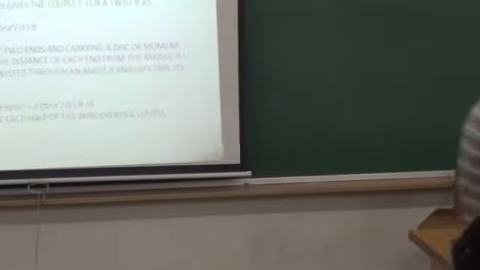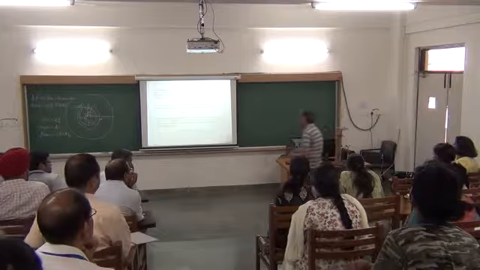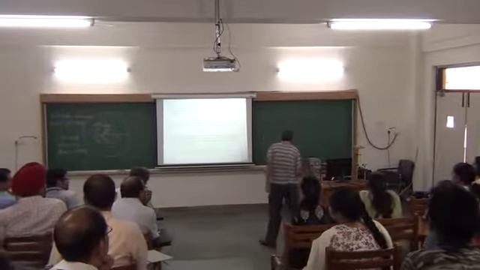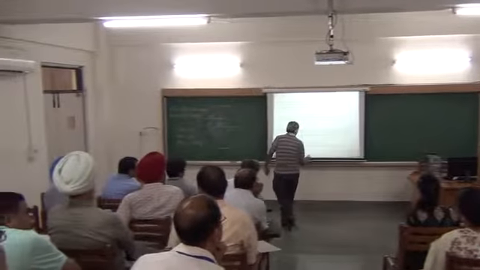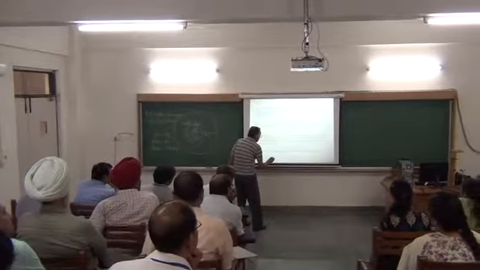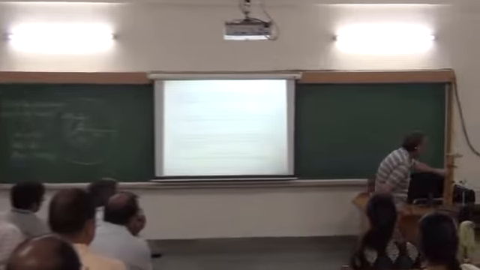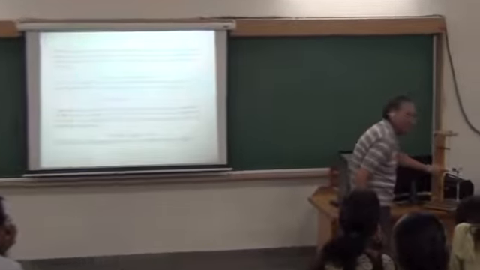Both are of equal length. Therefore, the couple now must be multiplied by a factor 2. I have to multiply the couple by a factor 2. The L is the length from this point to this point.